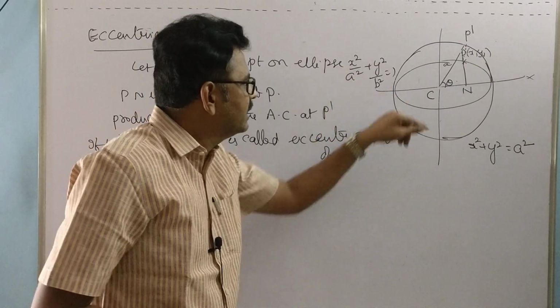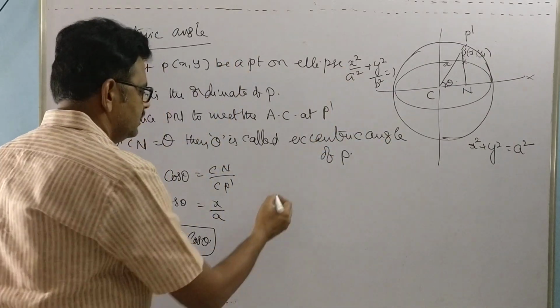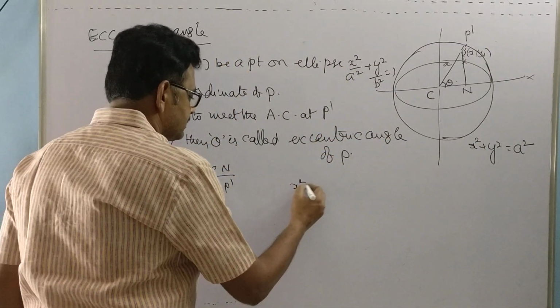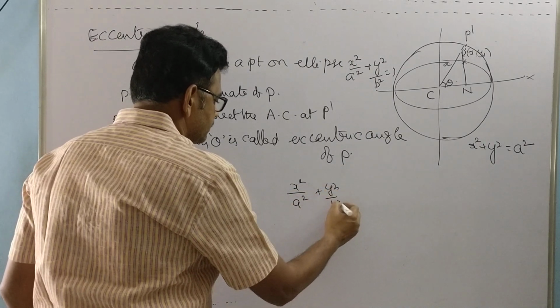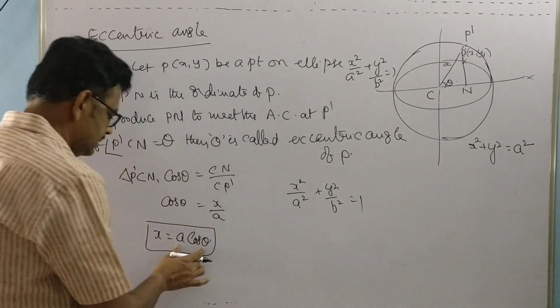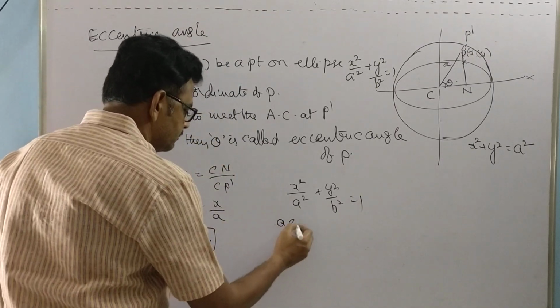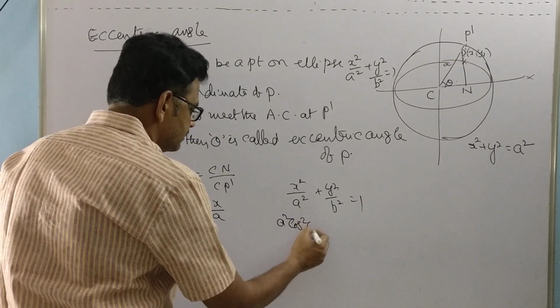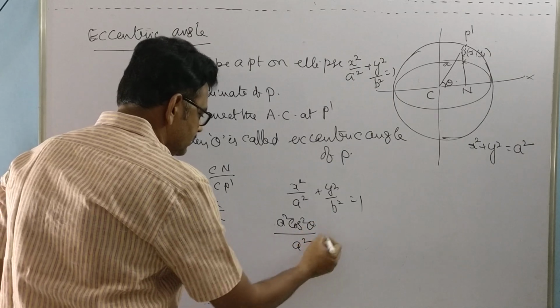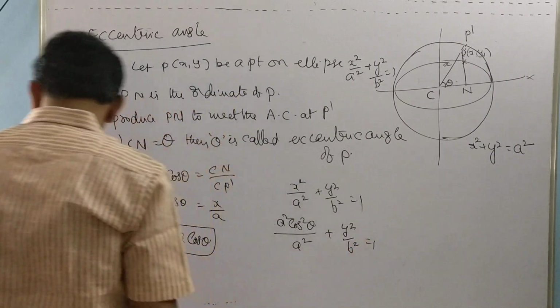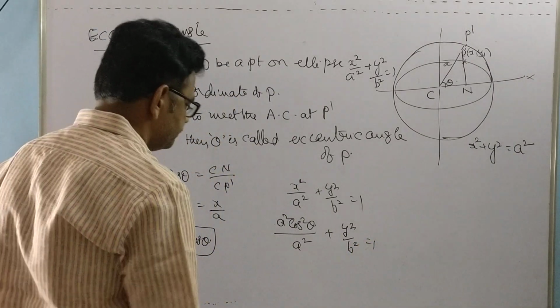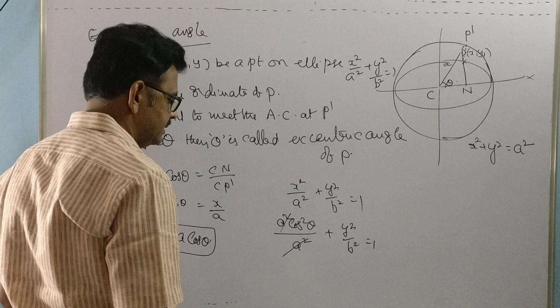(x, y) lies on the ellipse. So x square by a square plus y square by b square equal to 1, where x is a cos theta. So a square cos square theta by a square plus y square by b square equal to 1. So these two get cancelled.